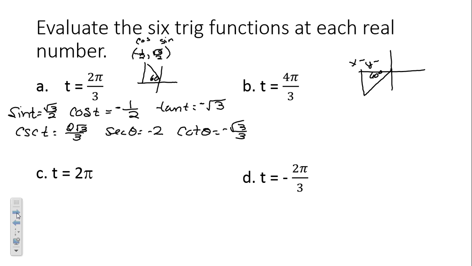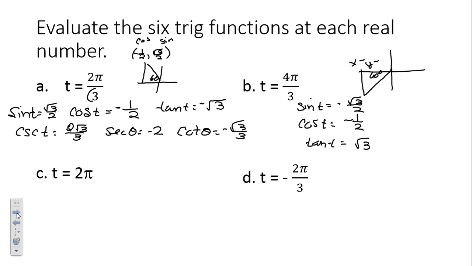So sine is the y, negative square root of 3/2. Cosine is the x, and that's going to be a negative 1/2. Tangent is the y over x, so that's going to be positive this time, because negative over negative is going to be positive. And then flip. In this case, because they're both 60 degrees, yes.